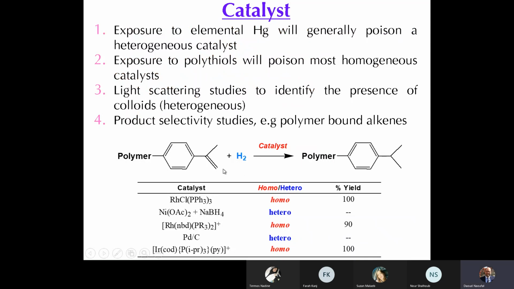This is the reaction of hydrogenation of an alkene to the alkane fragment, and we observe that by using the homogeneous catalyst, the yield is greater.